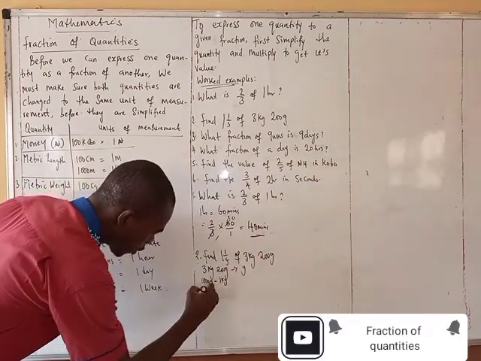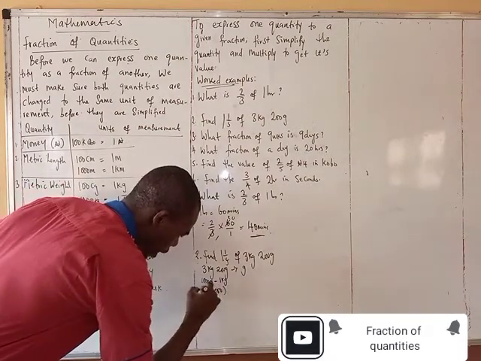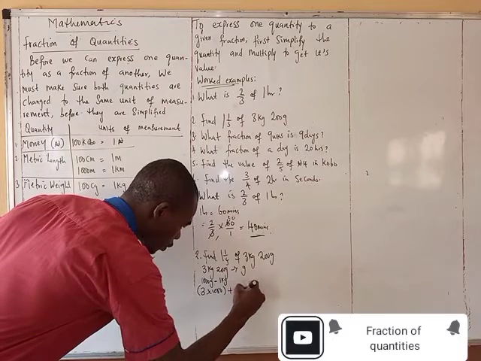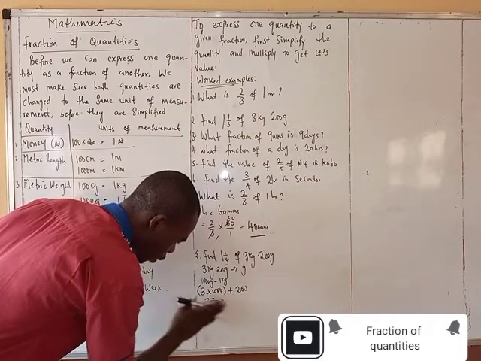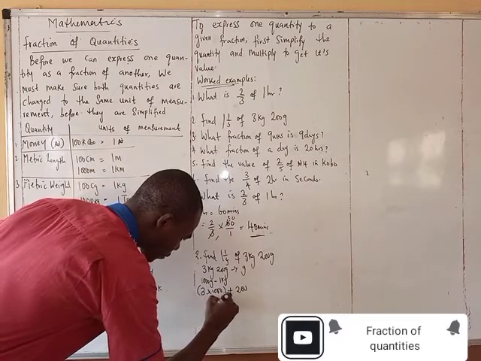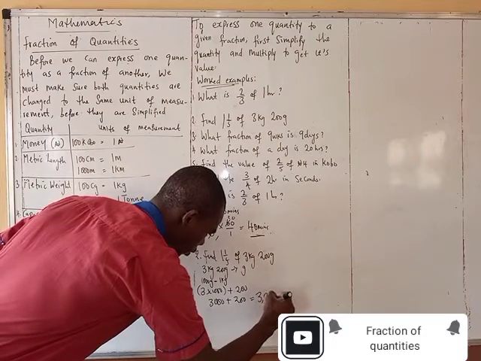So that means we're going to do 3 times 1,000 in brackets plus what? 200. That will be giving us 3,000 plus 200, which is finally 3,200.